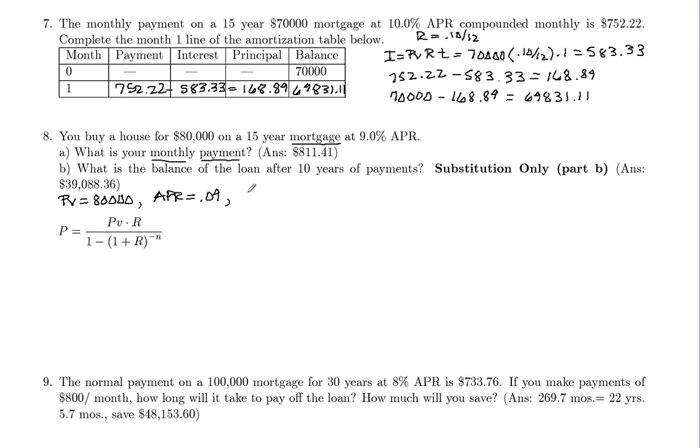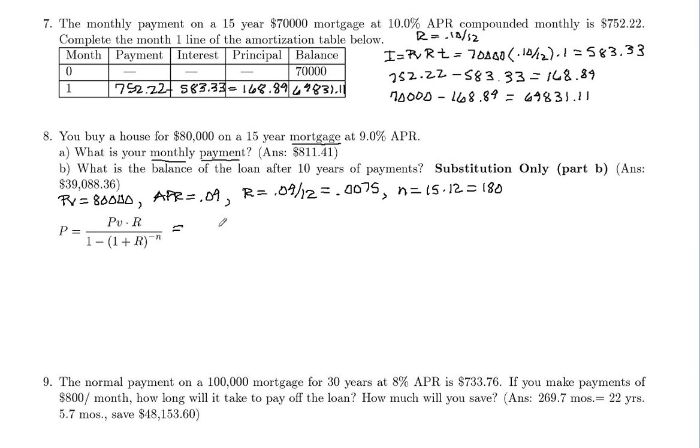Monthly means when we figure this R, we have to divide by 12. So R is 0.09 divided by 12. That works out nice: 0.0075. And then our N is, it's a 15-year mortgage, and it's 12 months per year, so 15 years times 12 months per year is 180 months total.